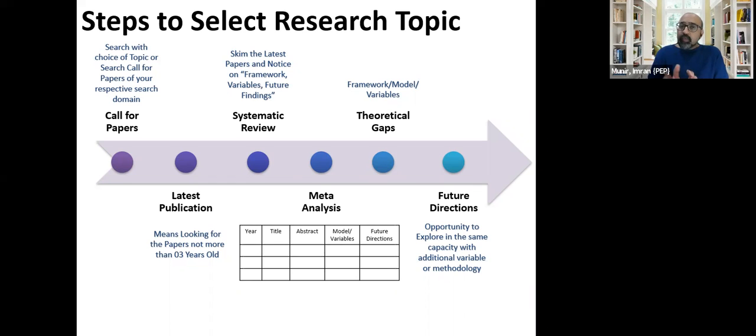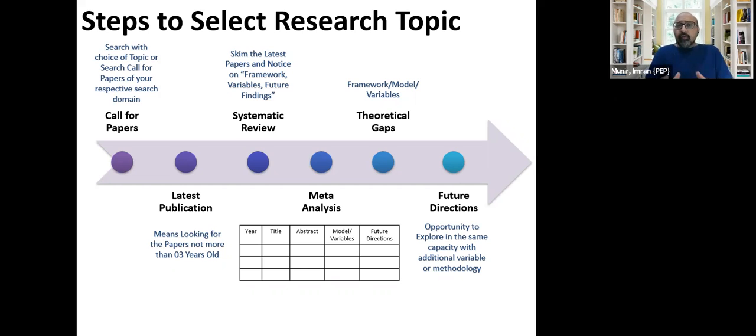The systematic review is actually the whole picture. You will skim these 30 papers and notice only the framework, variables, and future findings, and consolidate that in tabular form as highlighted in the meta-analysis.